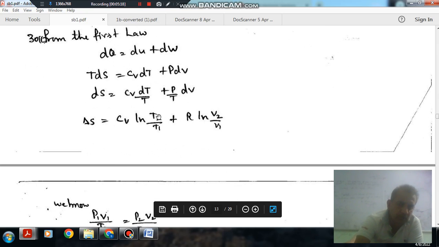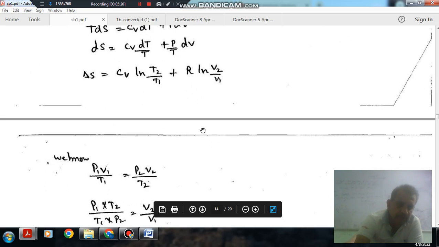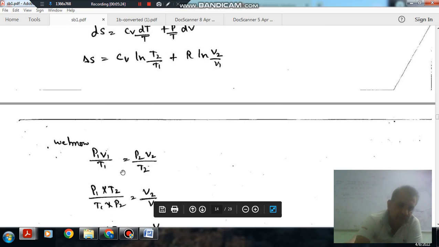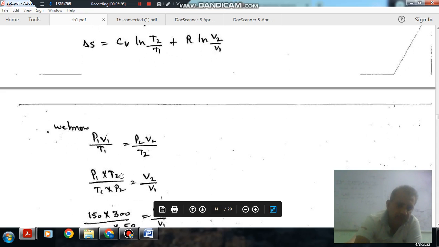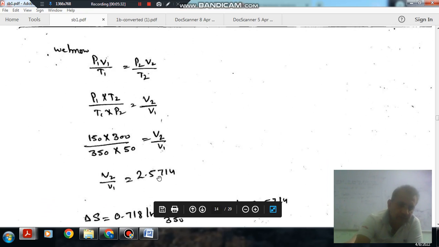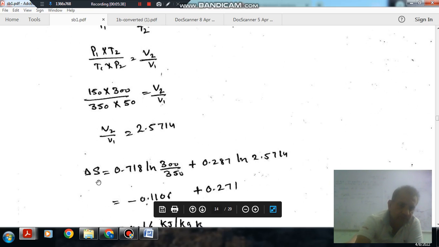Now we have T2, we have T1. As the gas is ideal, we can find V2 by V1 in terms of P1, P2, T2 and T1. So V2 by V1 is 2.5714.